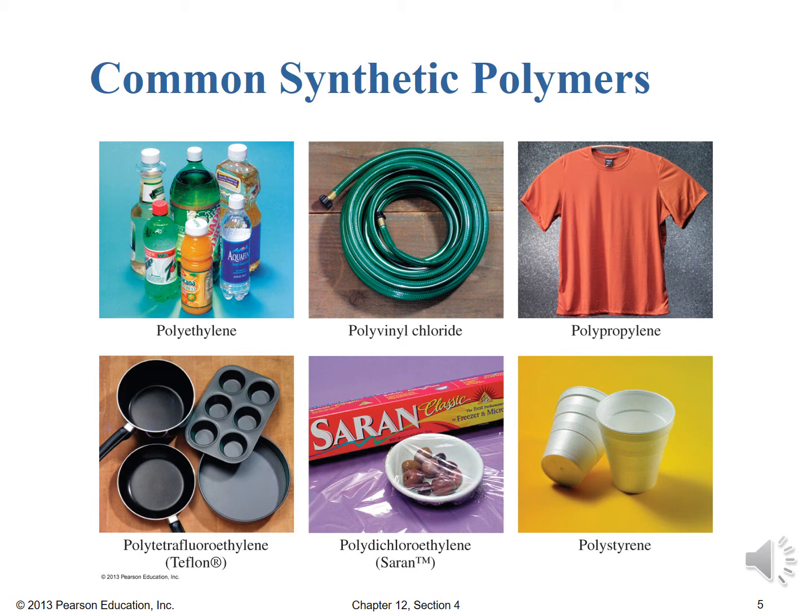Polytetrafluoroethylene is the actual chemical name for the trademarked name of Teflon, and we see those Teflon coated cooking and baking implements there. Polydichloroethylene, which is Saran Wrap by trademark, is similar to our polyvinyl chloride.